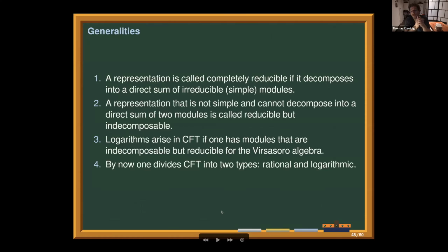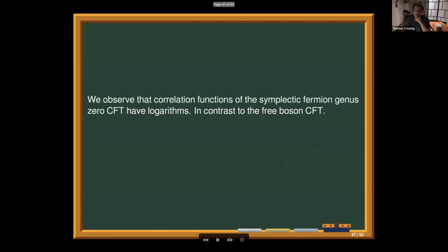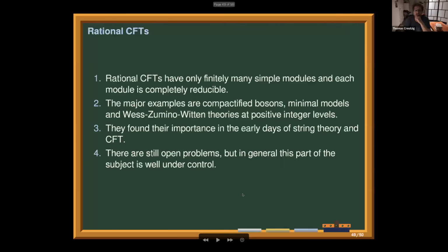You might have some representations that are completely reducible, but not all will be. And one thing about these logarithmic theories is that this non-complete reducibility arises already for the Virasoro algebra. So much can already be detected from the Virasoro algebra.